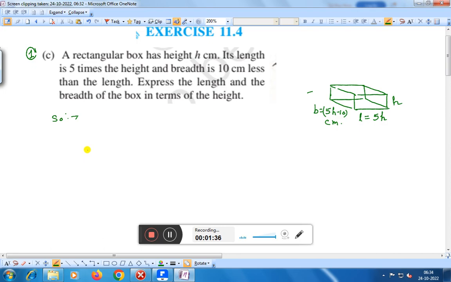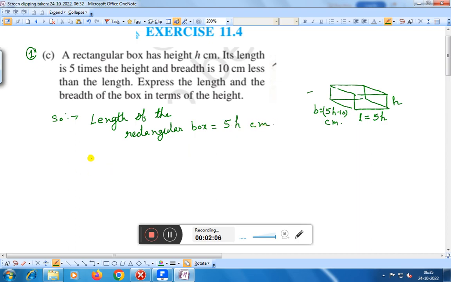Express the length. Therefore, length can be written as: length of the rectangular box is equal to 5h centimeter, right?